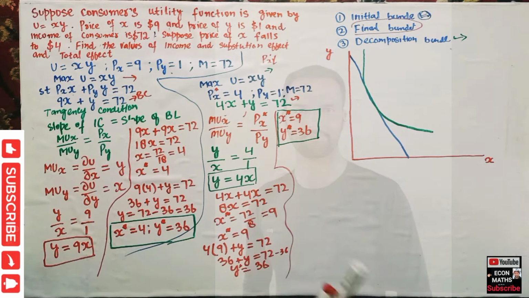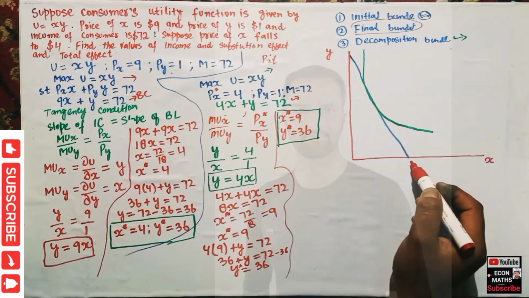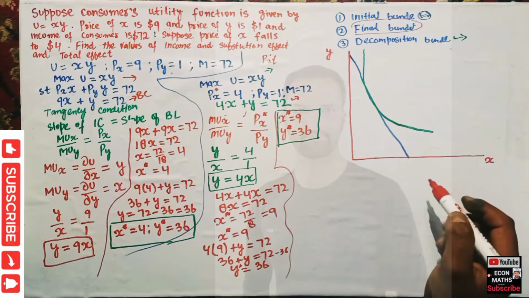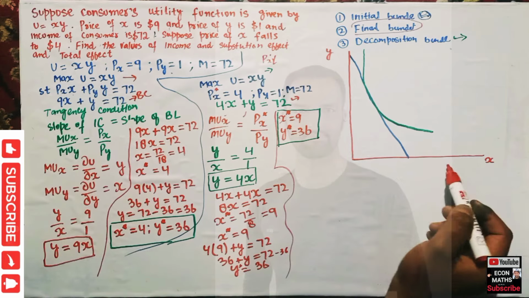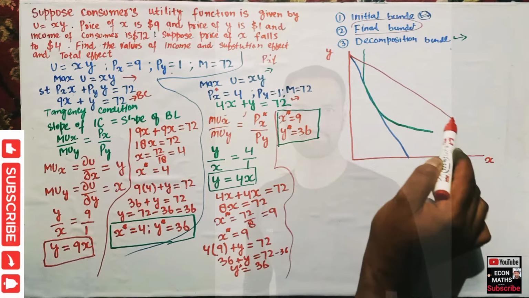So let us say the consumer has new budget line. With decrease in the price of X, consumer will be able to purchase more of good X because it became cheaper. So our new budget line will be like this.